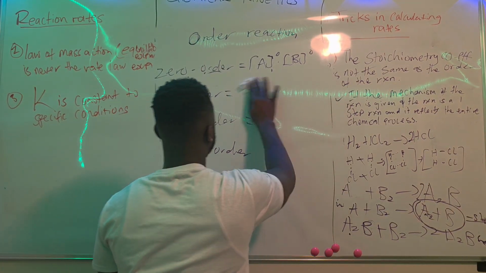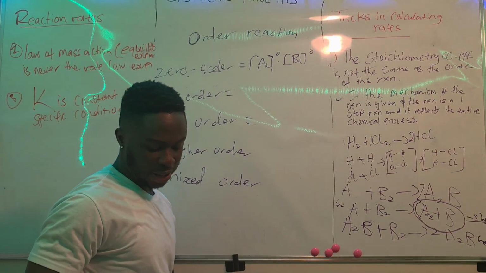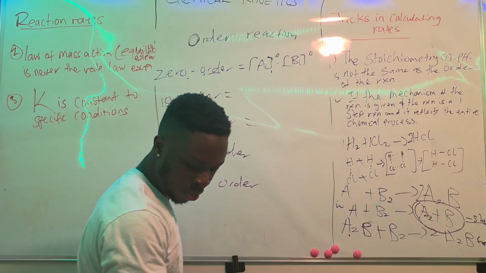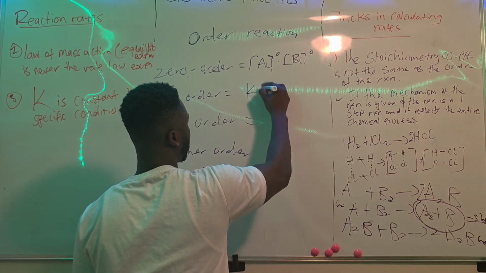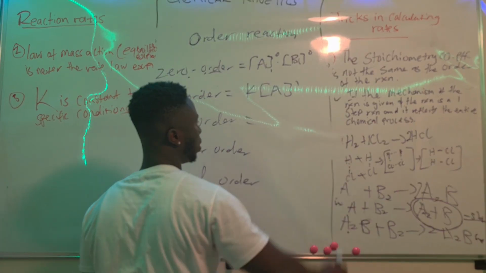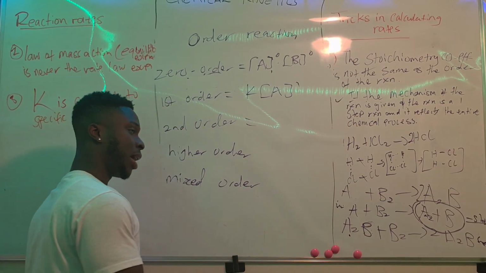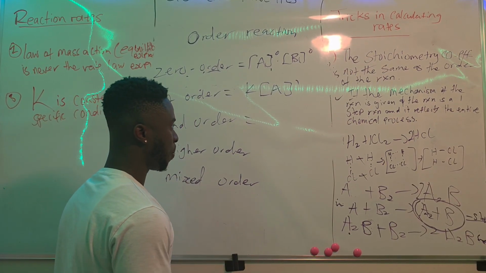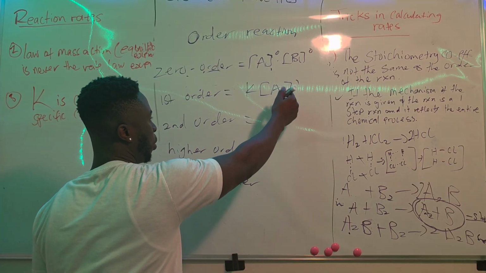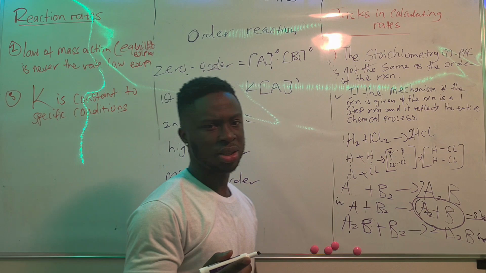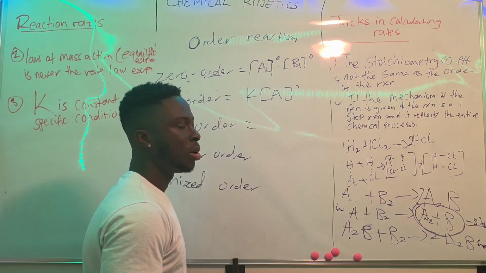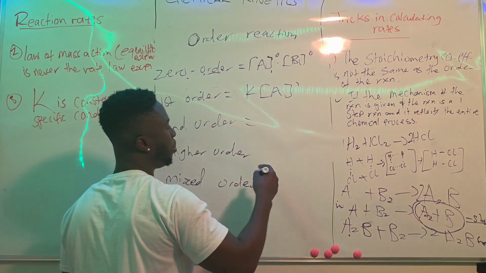Comprende. The first order of reaction over here, when I have it like this, is equal to k[A]^1. Now this is the first order of reaction. It has a unit of per second.